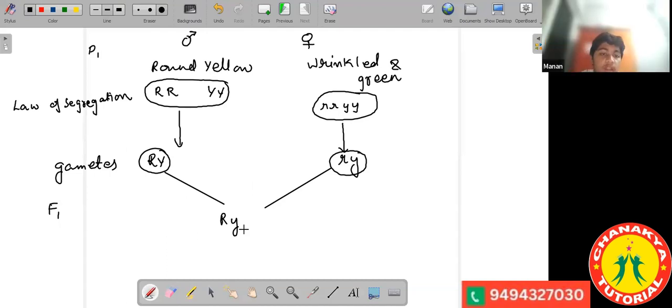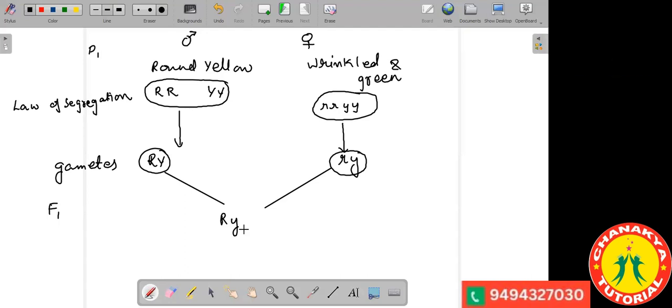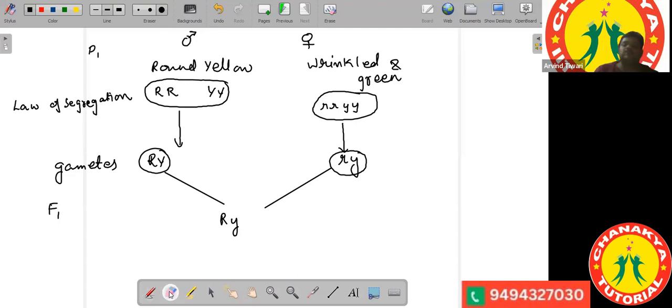Sir, it might be small r and capital Y. Just let Vedika answer. Vedika? Yes, sir. And sir, capital R, small r, and capital Y, small y. Okay. See, you combine all of them. This one and this one both will remain there. So you will have your new generation, which will be capital R, small r, capital Y, and small y.